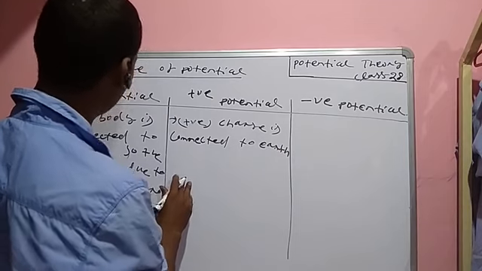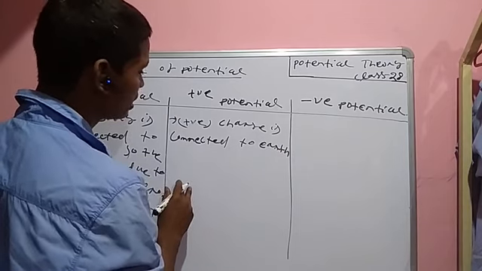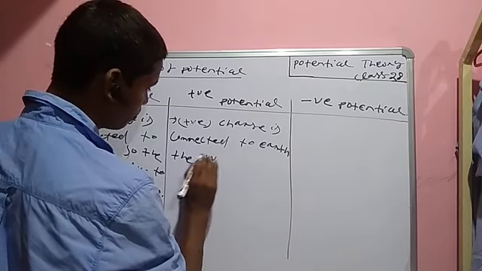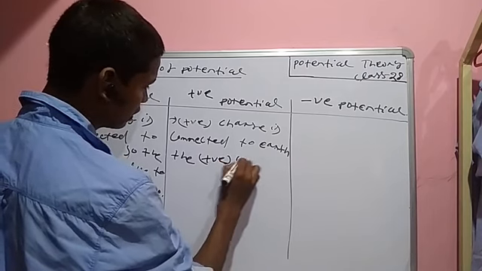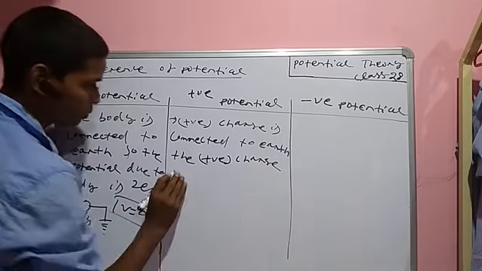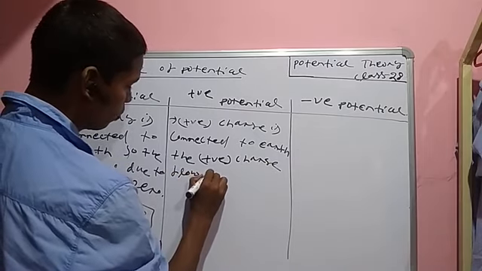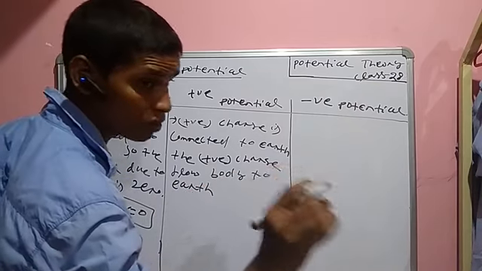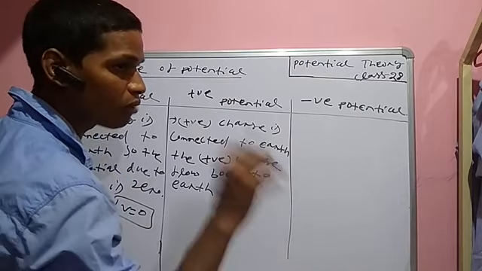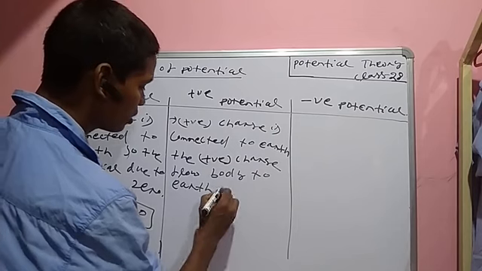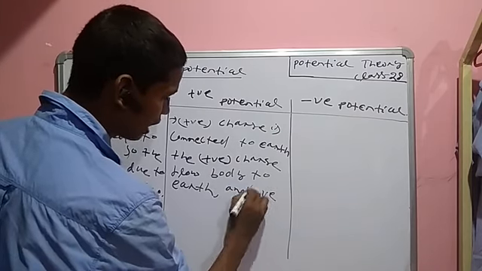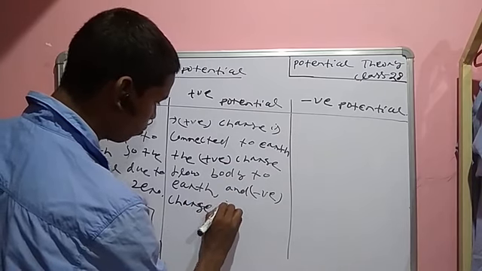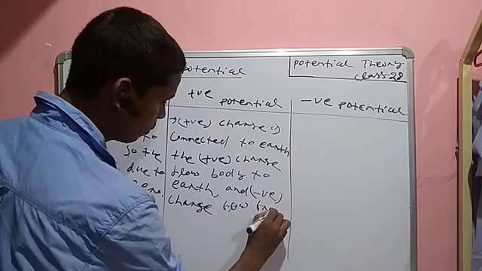Then positive charge flows from body to Earth, and negative charge flows from Earth to body.